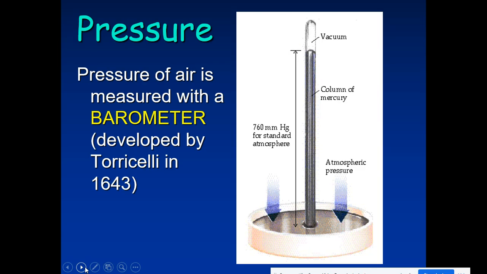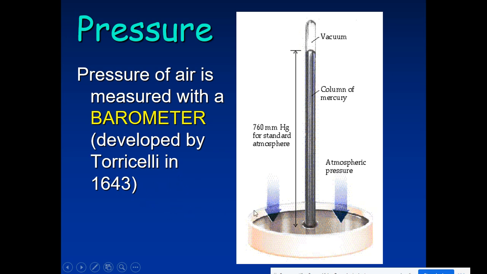Okay, so when we talk about atmospheric pressure, we usually measure it with something called a barometer. This is an early version of a barometer. It was developed by Torricelli in 1643.